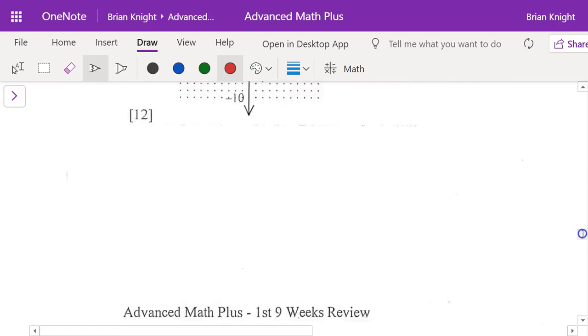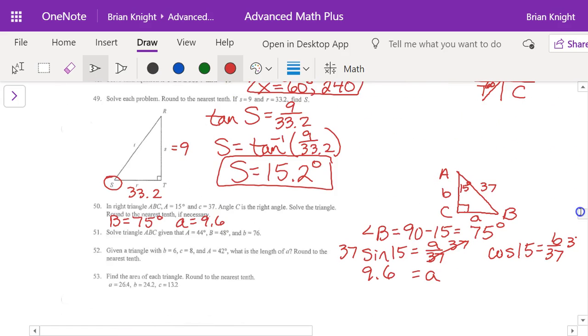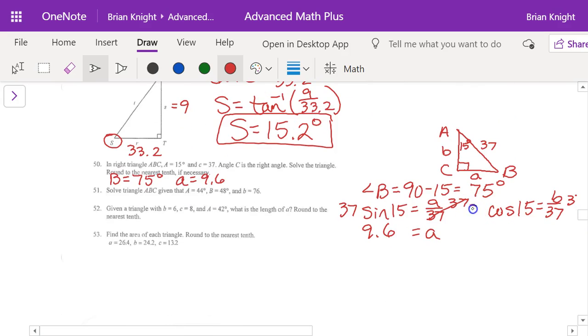Whoa, a little too far, there we go. The way you work it is the same. These will cancel. B you should get is 35.7. Okay?